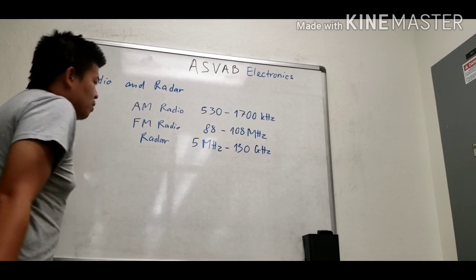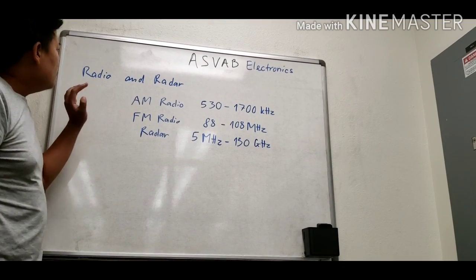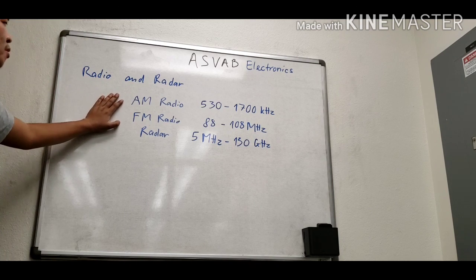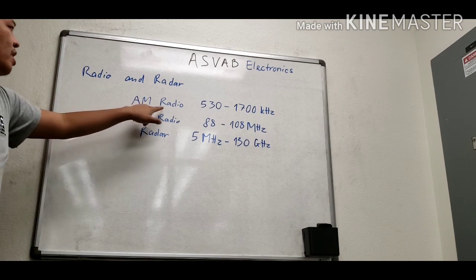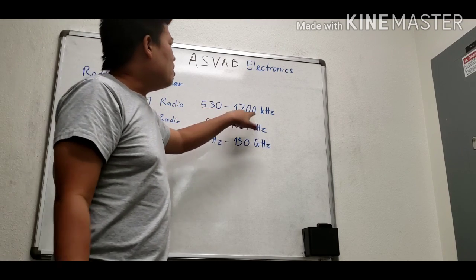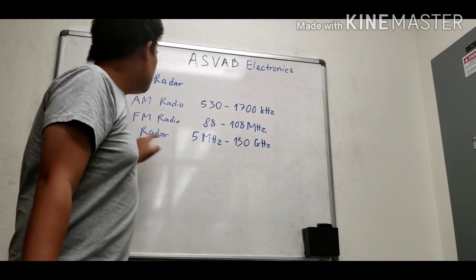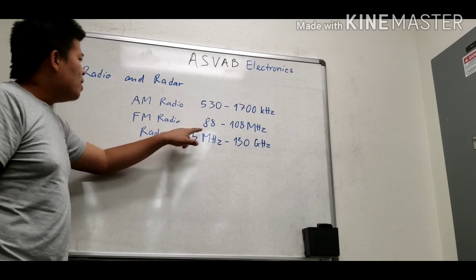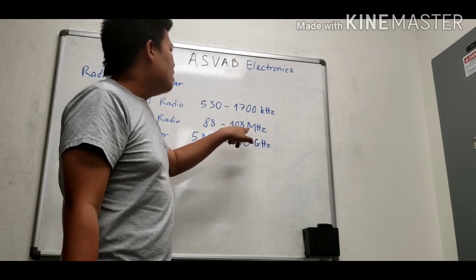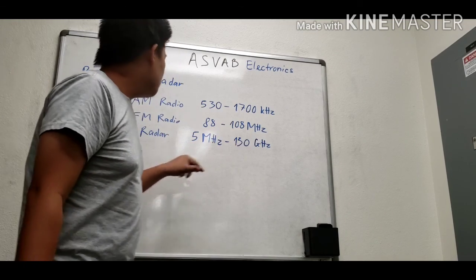The next one I will talk about the radio and radar frequency. You need to memorize the numbers. AM radio is from 530 to 1700 kilohertz. FM radio we have from 88 to 108 megahertz.